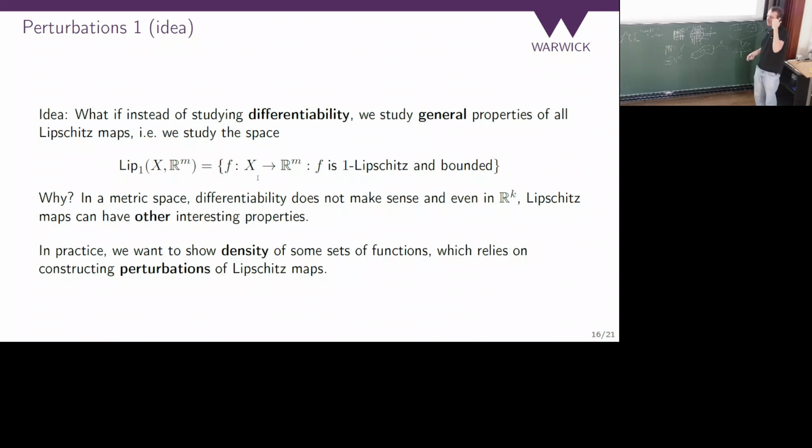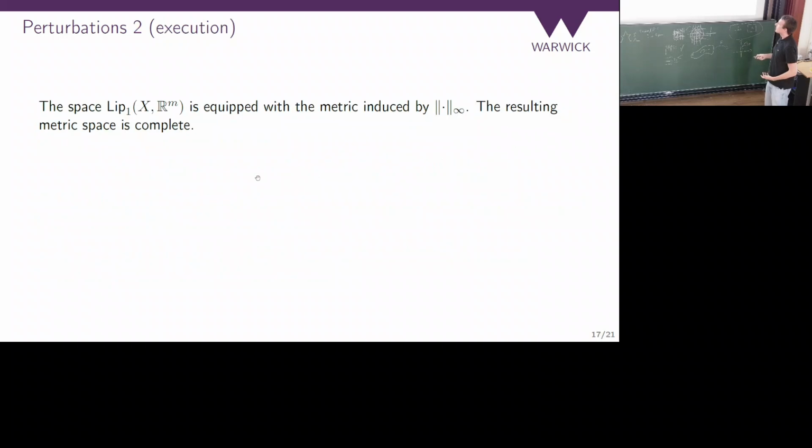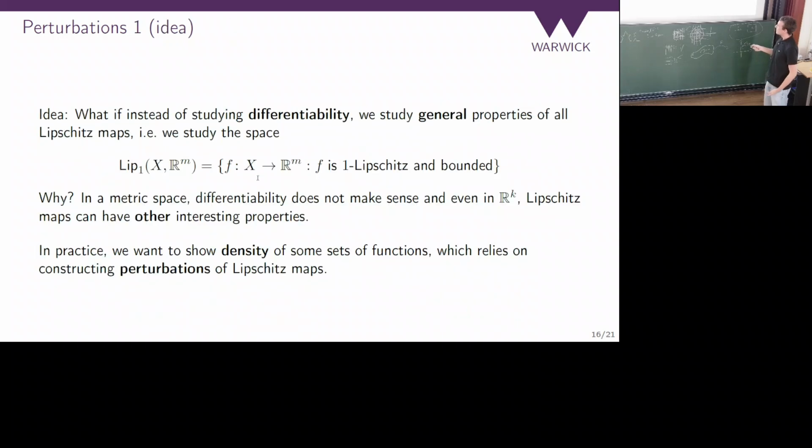So let's say you give me a function and a property, and I want to approximate that function with a sequence of functions that have that property. And the way this is done is, you have your starting function and you just change it slightly. The way you want to think about it is you perturb it. And so what we'll be doing is constructing perturbations of Lipschitz maps. You can think of this as the space of all perturbations somehow.